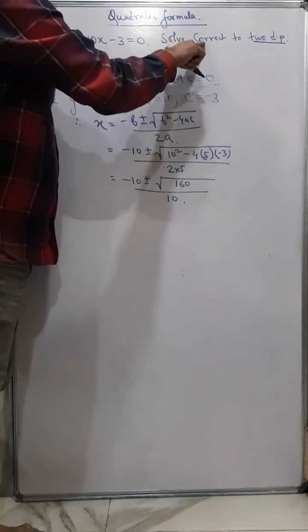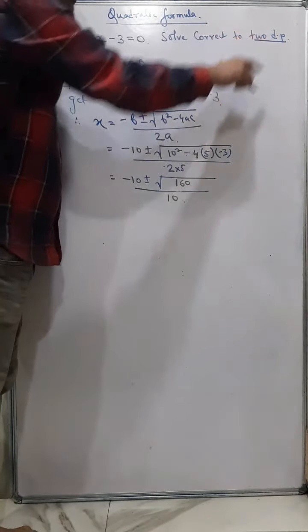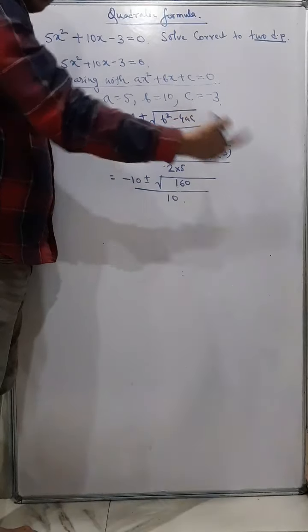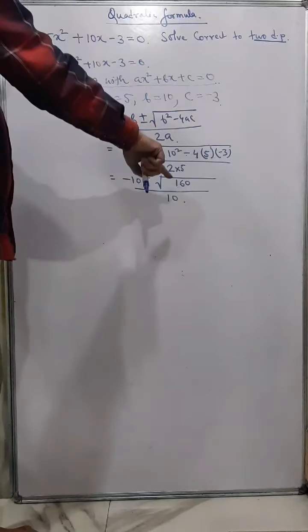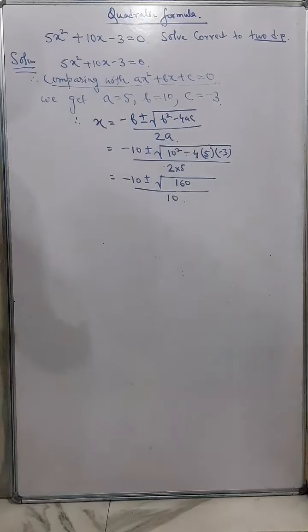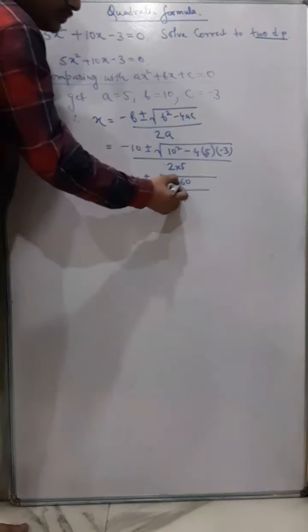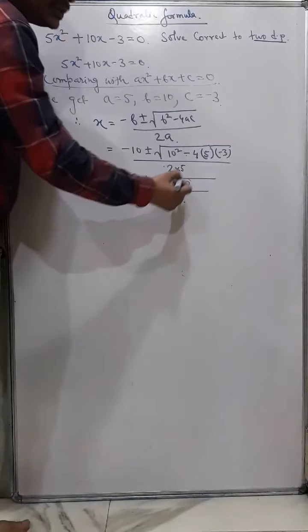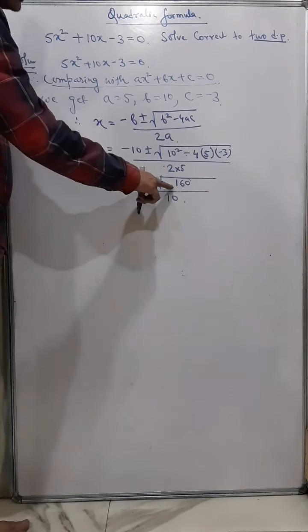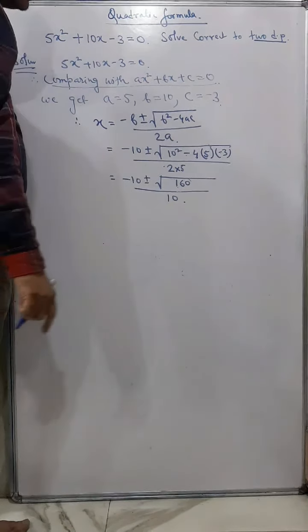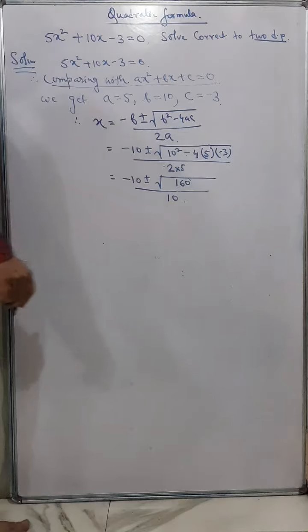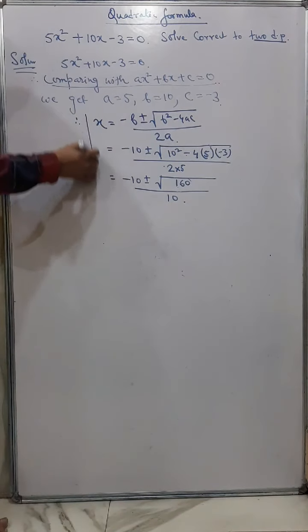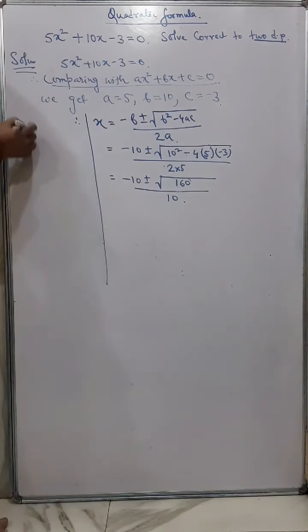If they tell you solve correct to 1 decimal place, then you will find the square root up to 2 decimal places and after rounding it off, you will put the values. You have to find the square root by the division method, which you have already done in class 7 and 8. I hope all of you remember, but those who don't remember, just see how to find it.